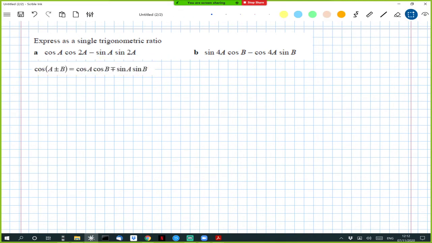Cos cos, sine sine, with a minus in the middle. And the minus here is at the top. So we're going to use the top sign here as well. So top sign and top sign.